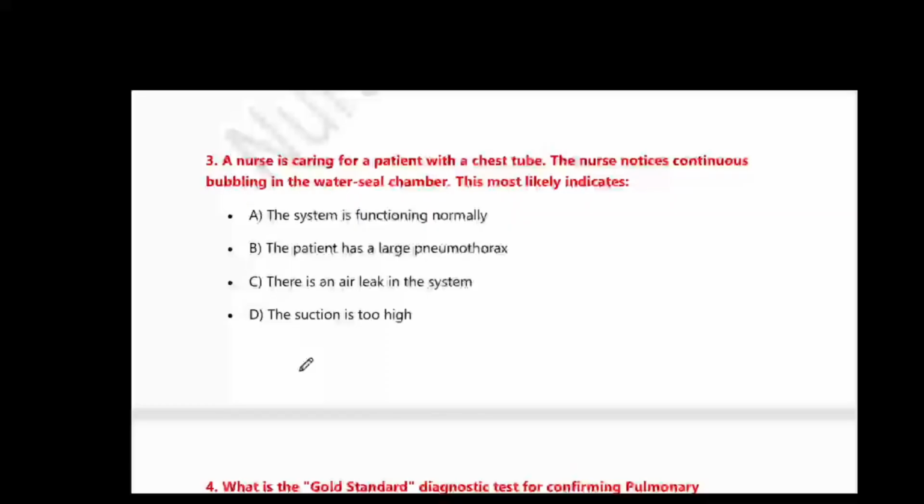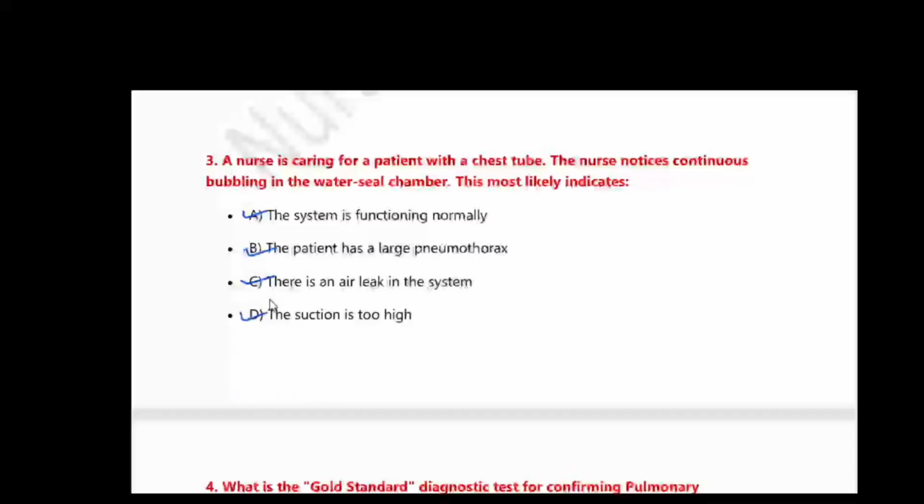Here there is a patient with intercostal drainage tube, ICD tube. Here the nurse notices there is continuous bubbling in the water seal chamber. What it indicates? Options are: the system is functionally normal, the patient has large pneumothorax, or there is an air leak in the system, or the suction is too high.